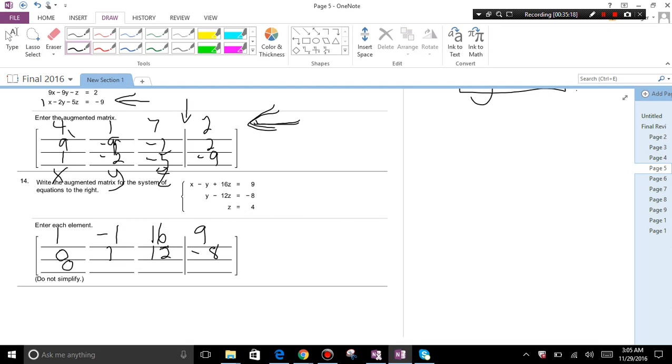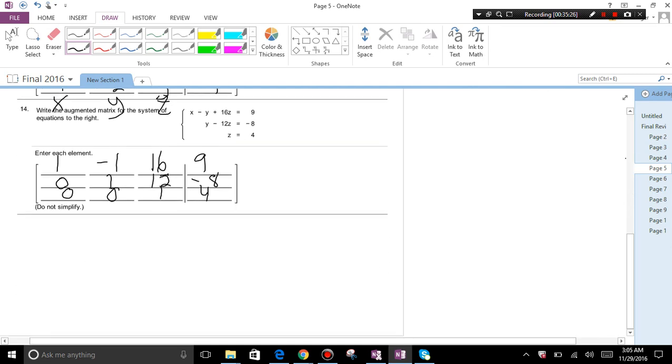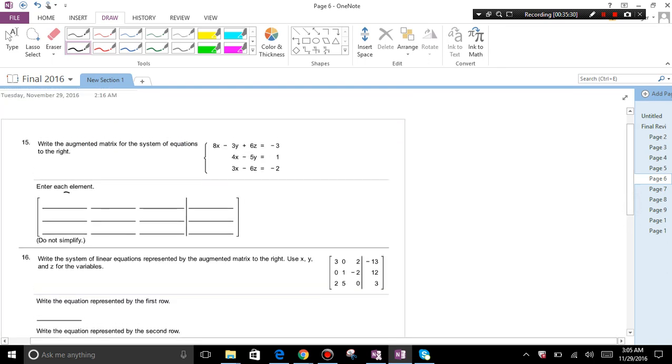There are no x's plus no y's plus 1z equals 4. Next: 1x minus 3y plus 6z equals negative 3. 4x minus 5y plus no z equals 1. And then 3x, there is no y, minus 6z equals negative 2.